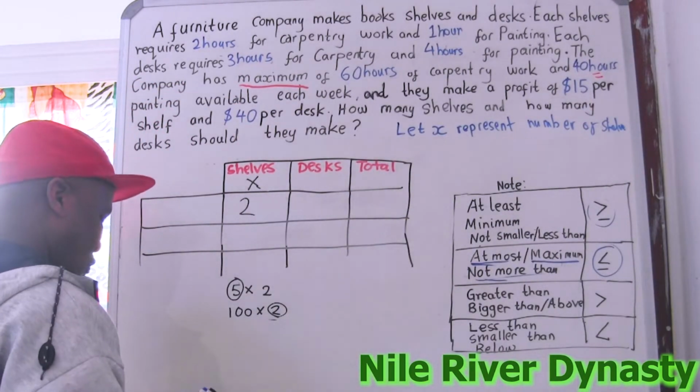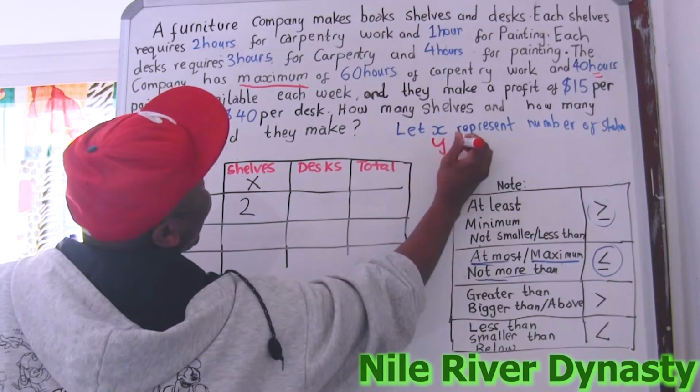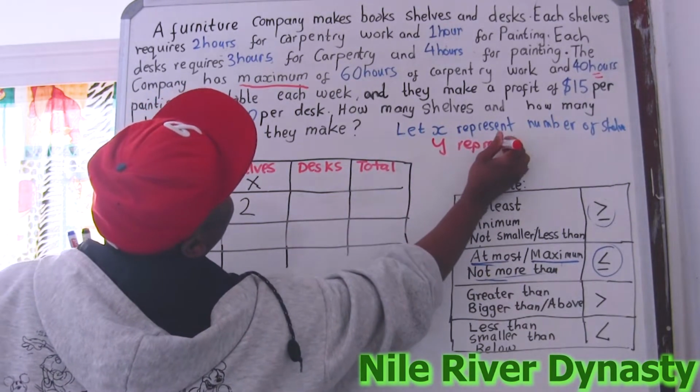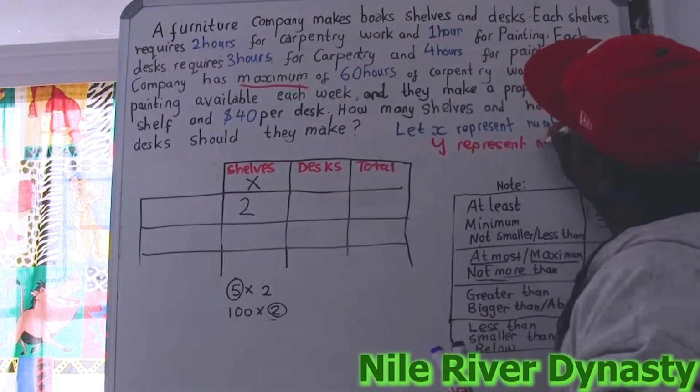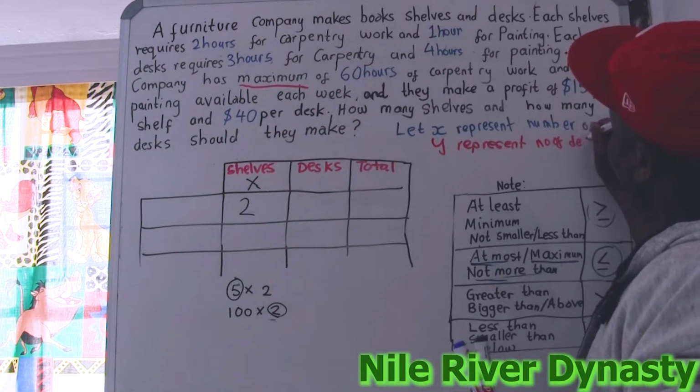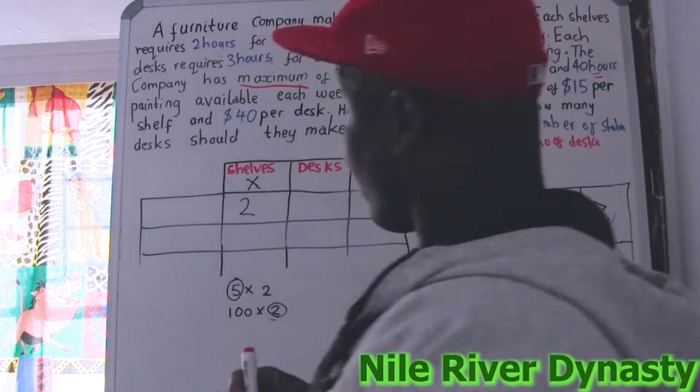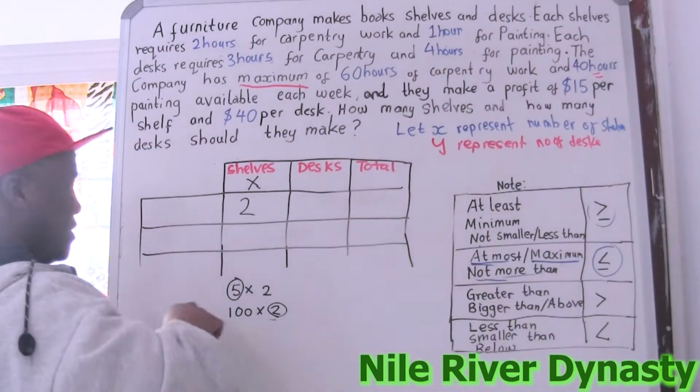Let me draw the color quickly. Y represents the number of desks. Okay, cool, so this is going to be Y here.